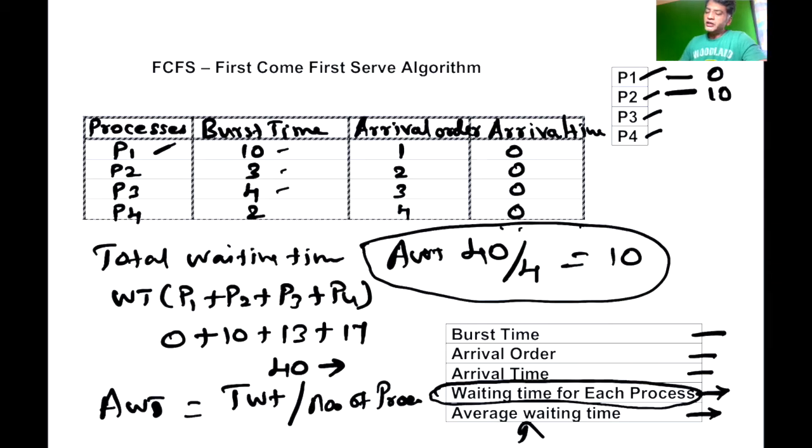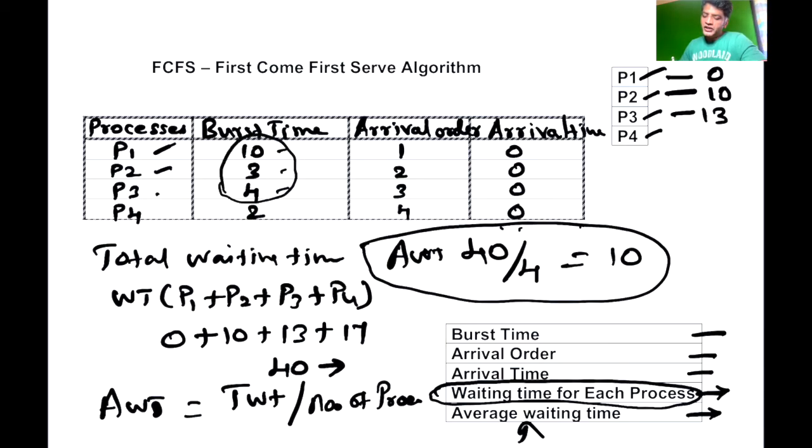How can you calculate P3's waiting time? P3 needs to wait for P1 as well as P2, so you add the execution times of P1 and P2, that is 13. Then P4: you need to wait for P1's execution, P2's execution and P3's execution.